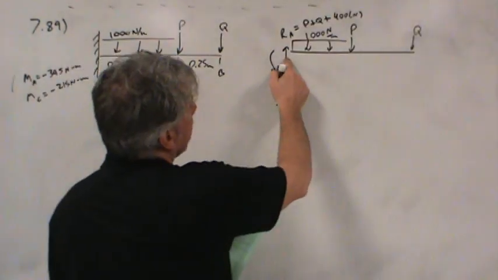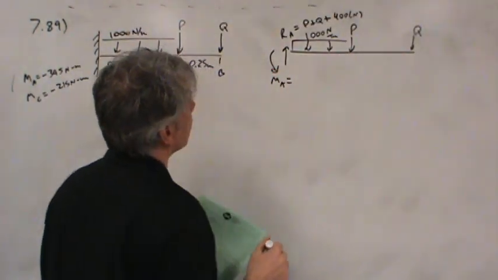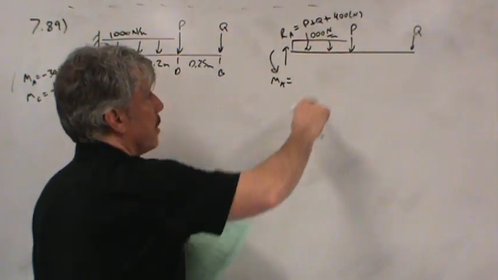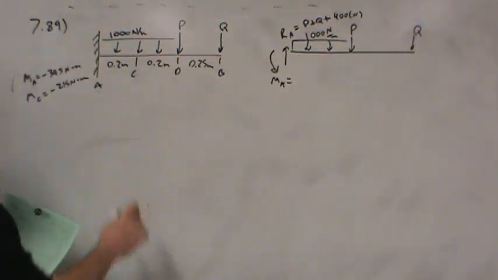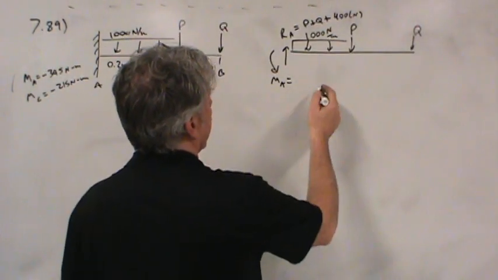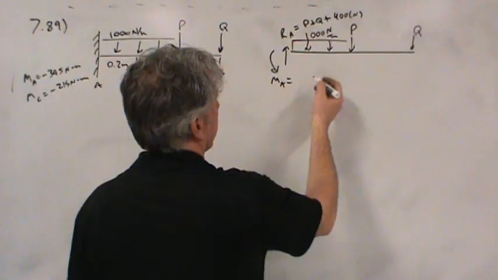The moment at A, well, now we need the moment of all this. So notice that 400 newtons is the resultant of the 1,000 newton per meter load, because again, we've only got 0.4 meters worth. So the moment at A has to counteract all these, so it would be what?